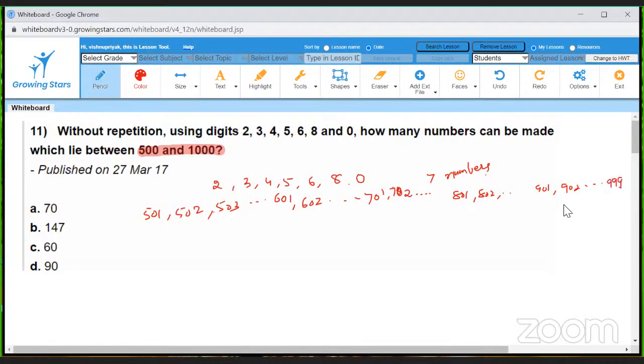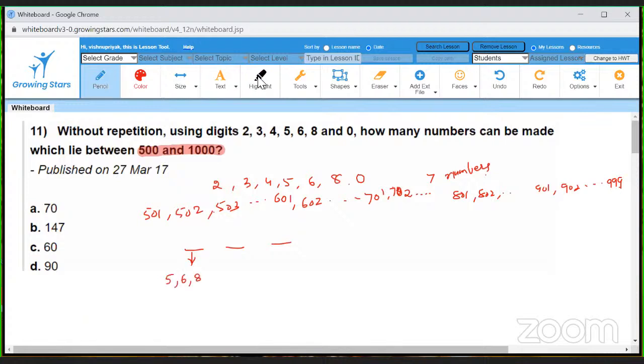These all numbers can be taken, but we can't take 500 and 1000. So you can see all these numbers are 3-digit numbers. If you take the first digit, it has to be either 5, 6, or 8.